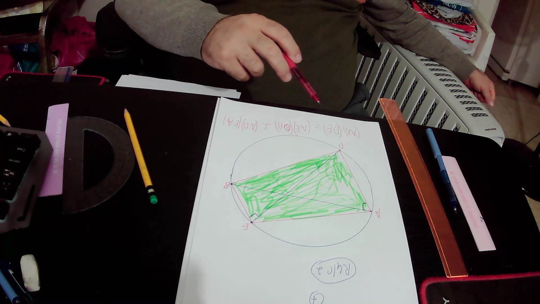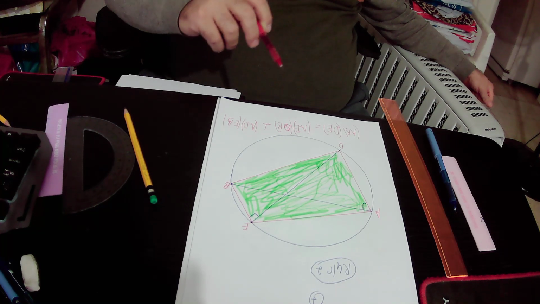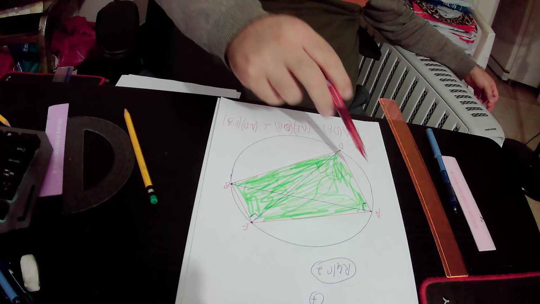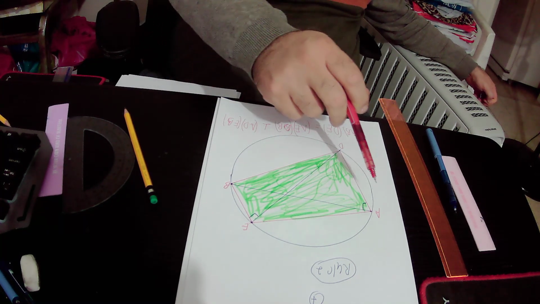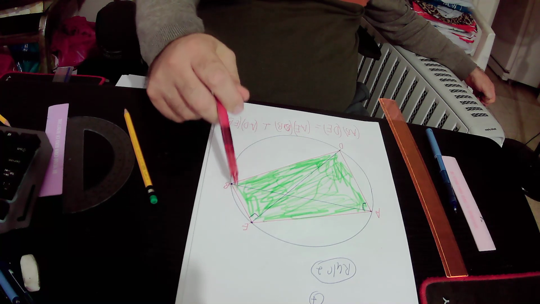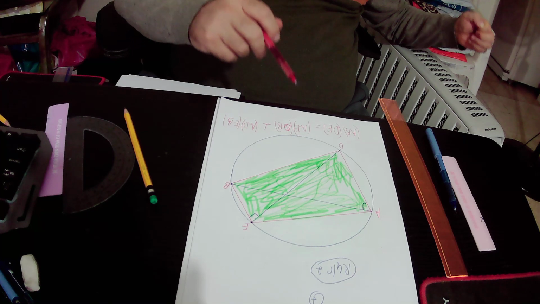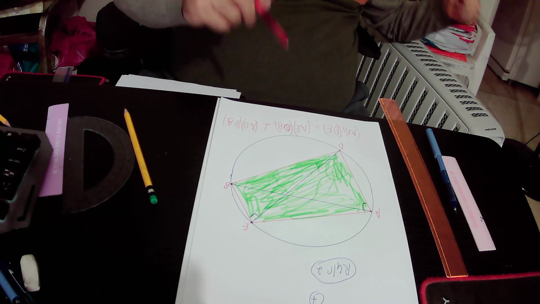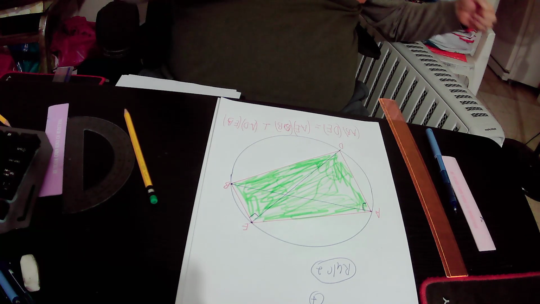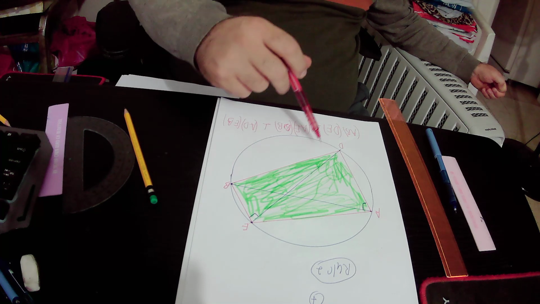That product equals the sum of the products of its opposite sides: the first is AE times DB, and the second is AD times EB. That sum equals the product of its diagonals, that is to say AB times DE.